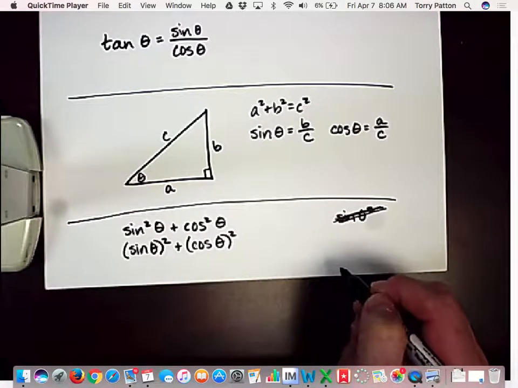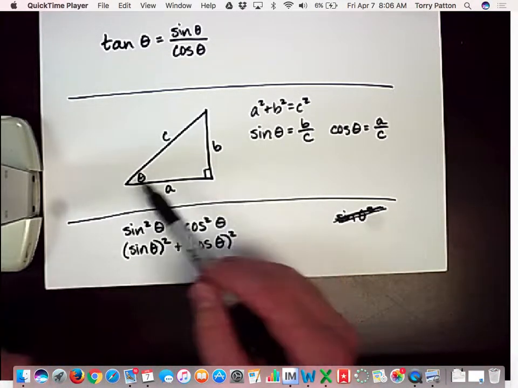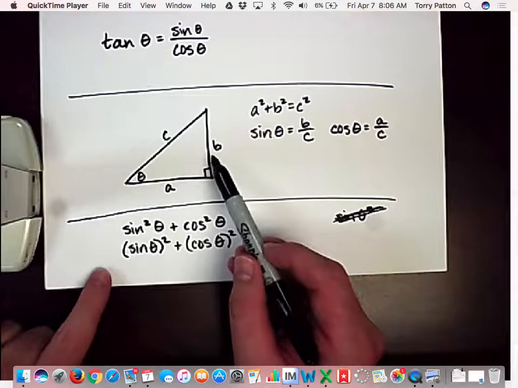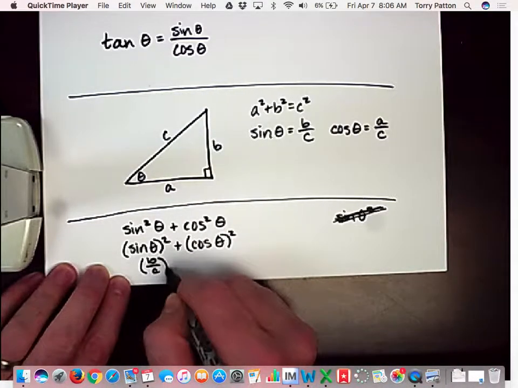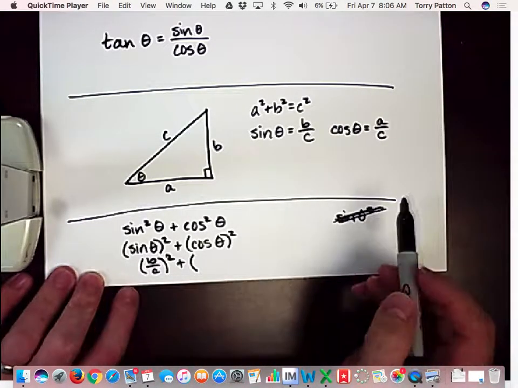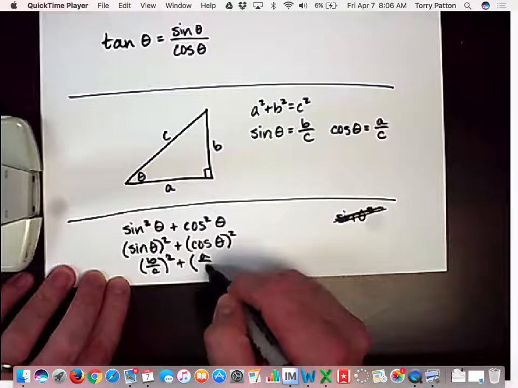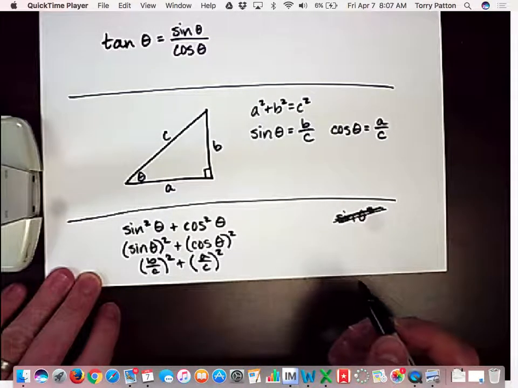Okay, well, what is sine of theta squared? In any triangle, that would be B over C squared, right? Plus, what is cosine theta? It is A over C squared, right?